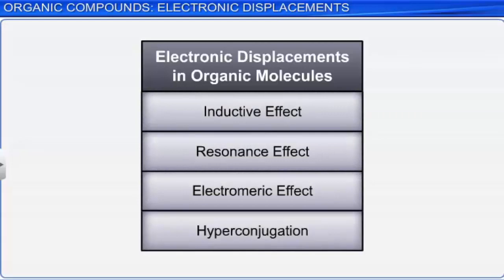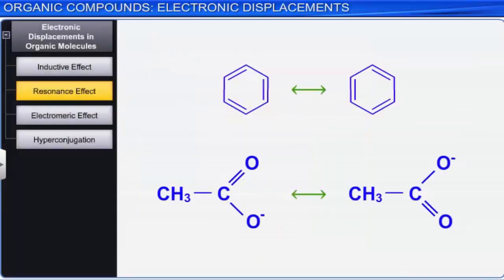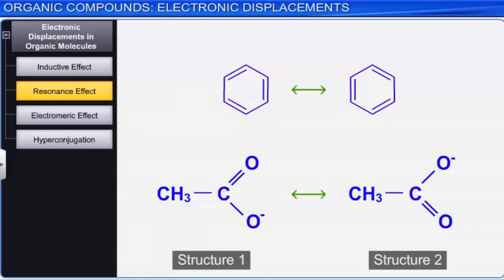Now, let's learn about another important electronic effect called the resonance effect. Resonance refers to the phenomenon where two or more structures can be written for a molecule or an ion.